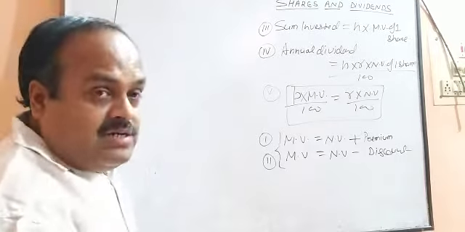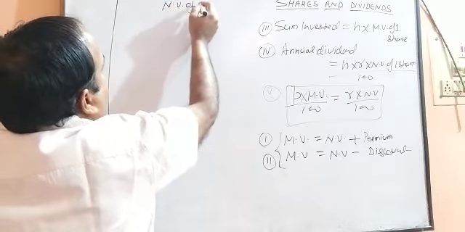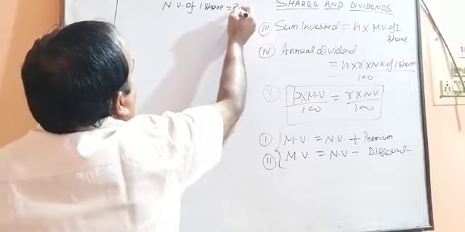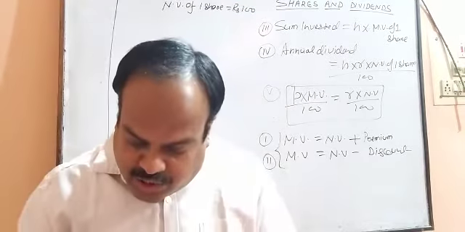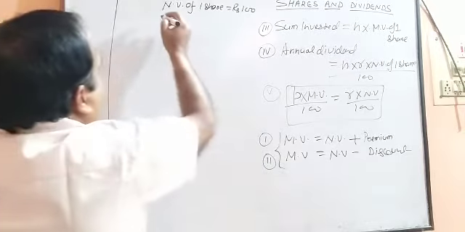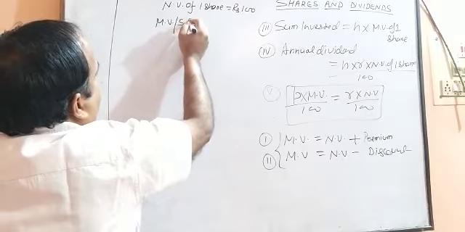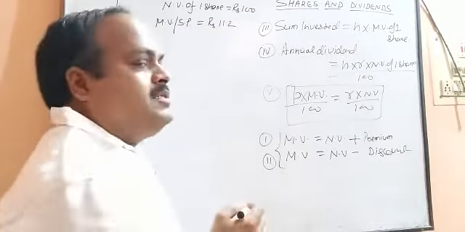In brackets, 100 rupees is written, and that is the nominal value. At rupees 112, so the market value or selling price is rupees 112.